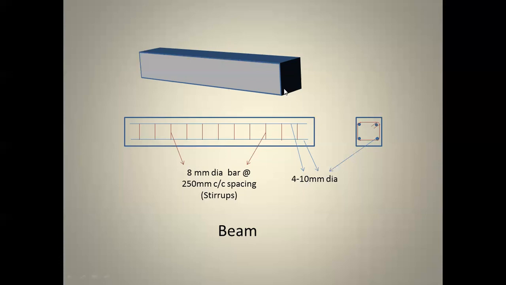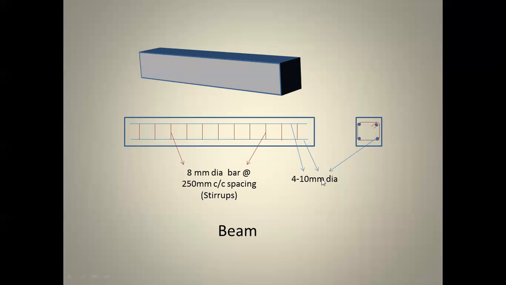One of the main things you have to consider while drawing this diagram is, in a beam, to resist the deflection, the depth should be more than the width. While drawing, make sure the depth is more than the width, and you should know what is the section along this side and what is the section from this side.